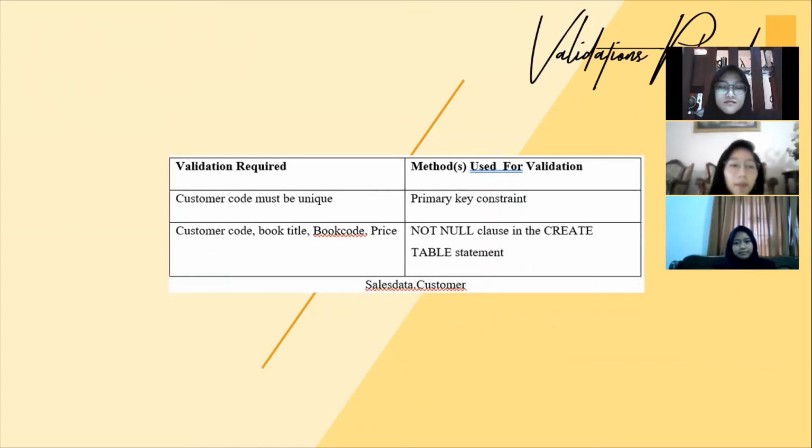And then validation requirement and method used for validation of sales data customer: customer code must be unique and primary key constraint. And then validation requirement: customer code, book title, book code, and price. Method used for validation is not null clause in the create table statement.